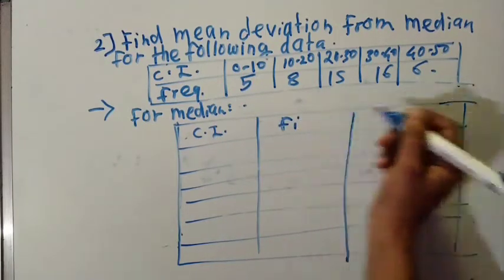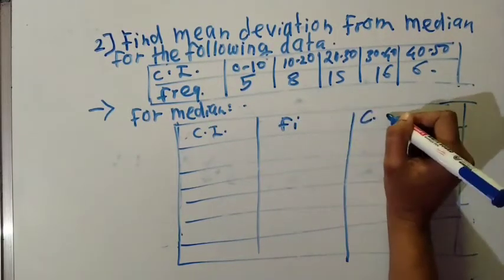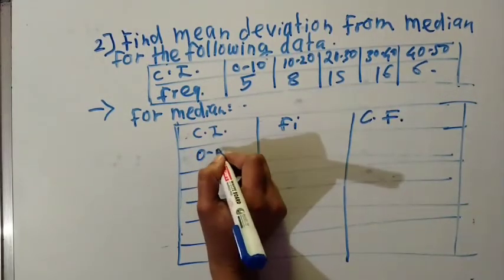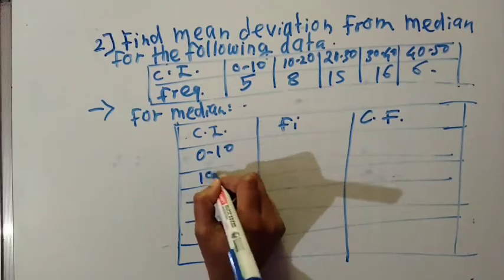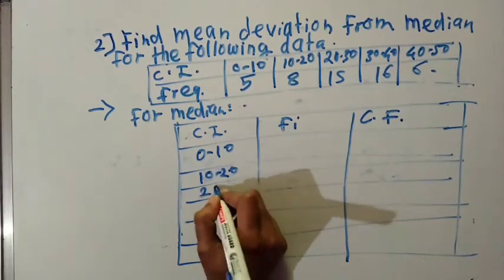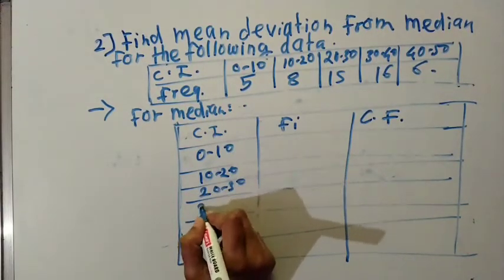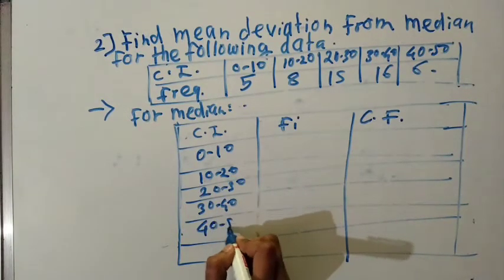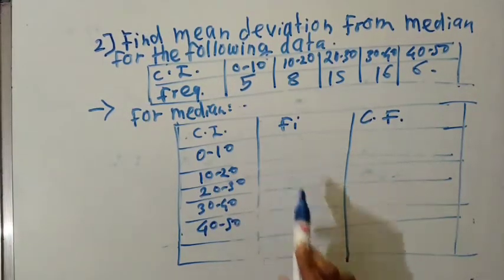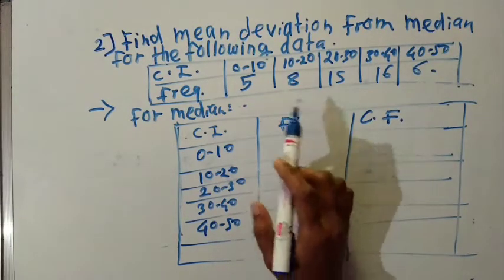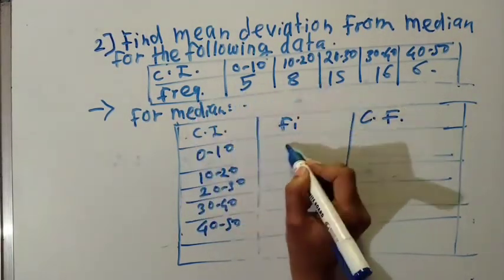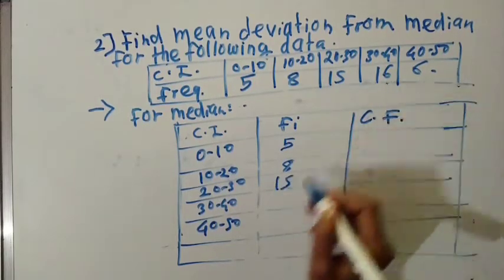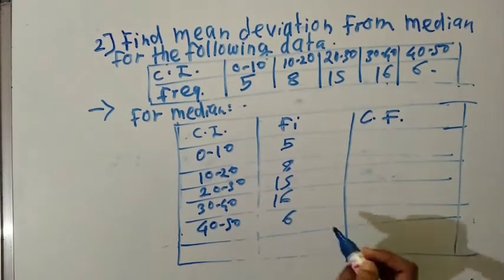Then fi, and this is cumulative frequency. Then class intervals 0 to 10, 10 to 20, 20 to 30, 30 to 40, and 40 to 50. Then fi is this frequency 5, 8, 15, 16 and 6.